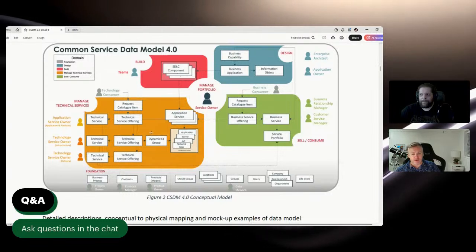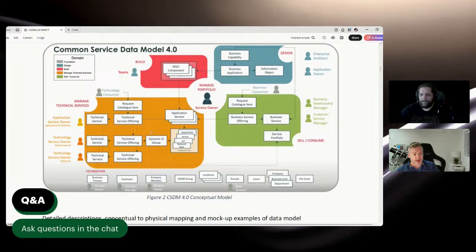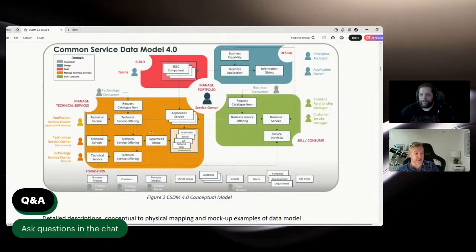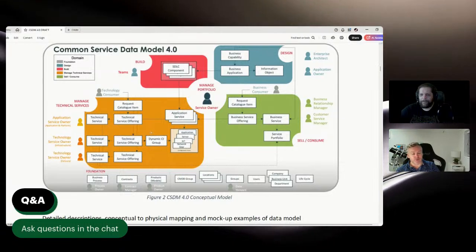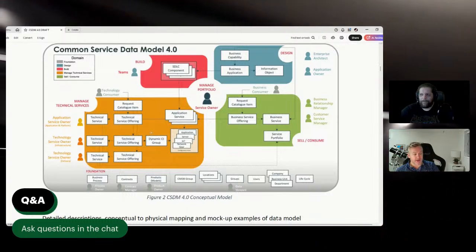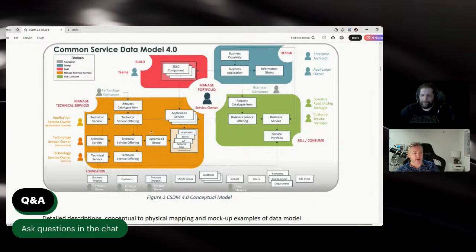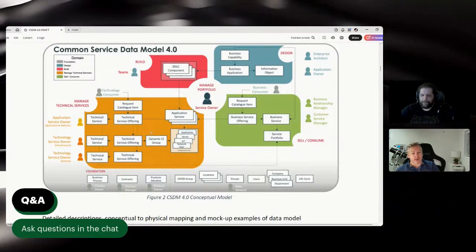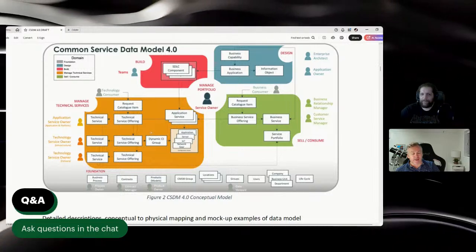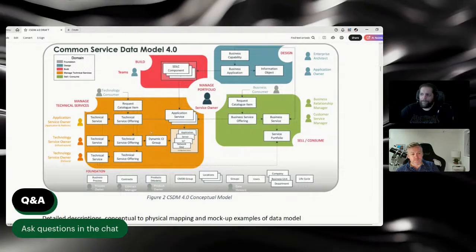So if they're using event management and that application service goes down, their technical service offering is impacted, right? Because that particular group is responsible for that application stack, right? Correct. So yeah, that's the route that I take with it. I see. Okay.